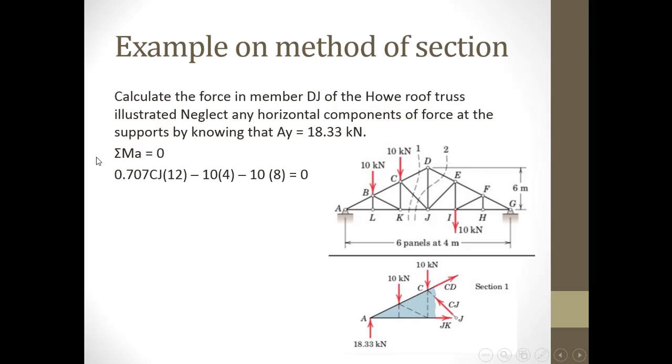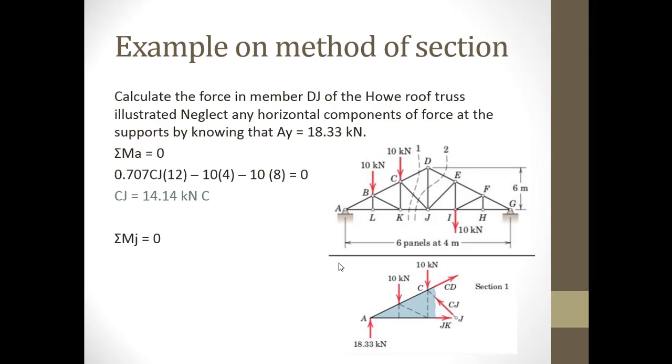Then I'm going to take the moment around A here. So CJ is equal to 14.14 kilonewton, and it's in compression because I assumed it's in compression here.